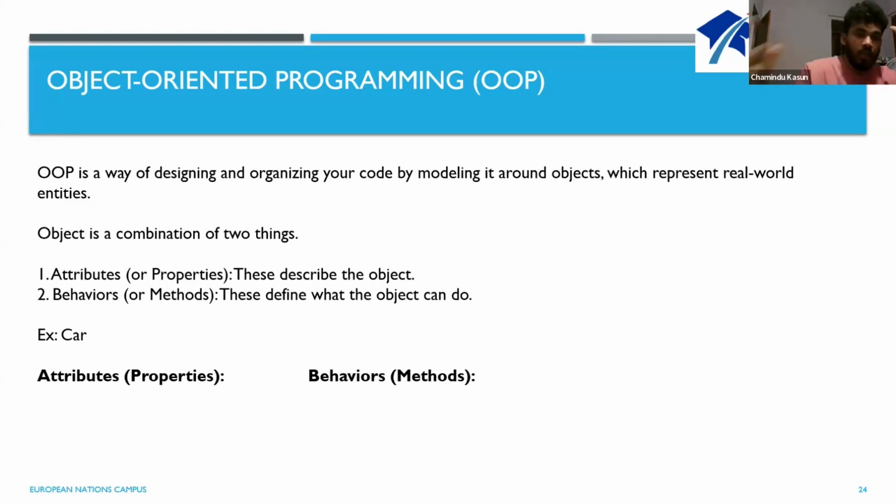Then it will have behaviors. To run the car, we need to start the engine, right? If we want to drive faster, we have to accelerate. If you want to stop the car, we need to brake. Those are the functionalities. When we consider a real world entity, it has attributes.